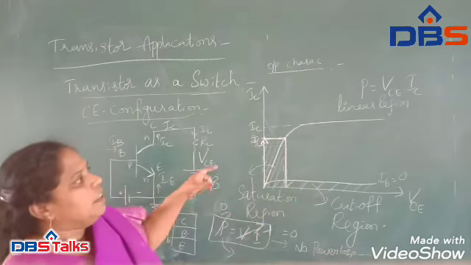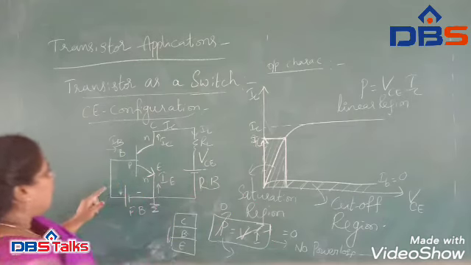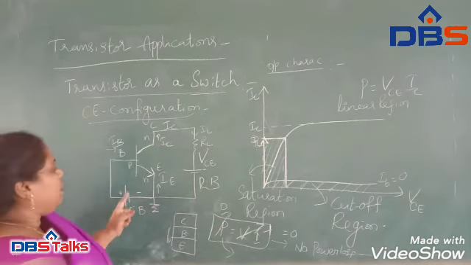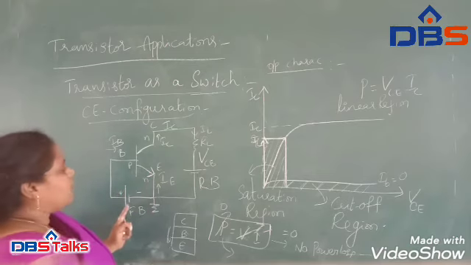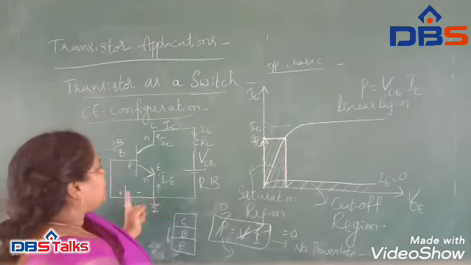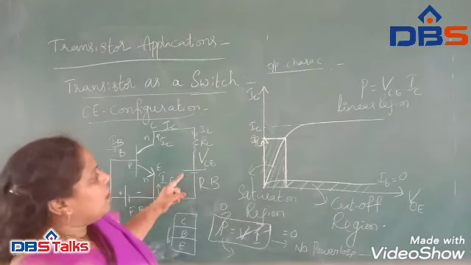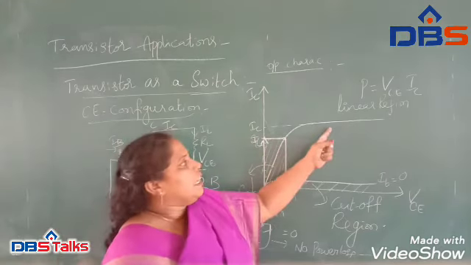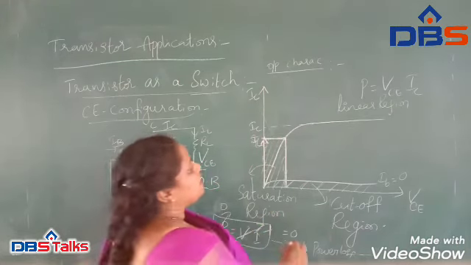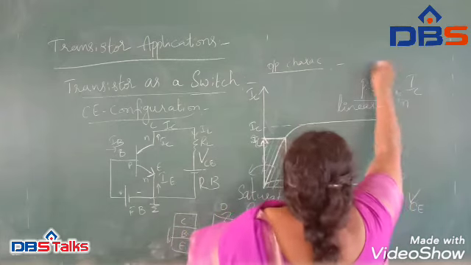Next, consider the case where the input junction is in the forward bias condition and the output junction is in the reverse bias condition. Here the linear region has voltage into current, so we cannot consider the linear region.